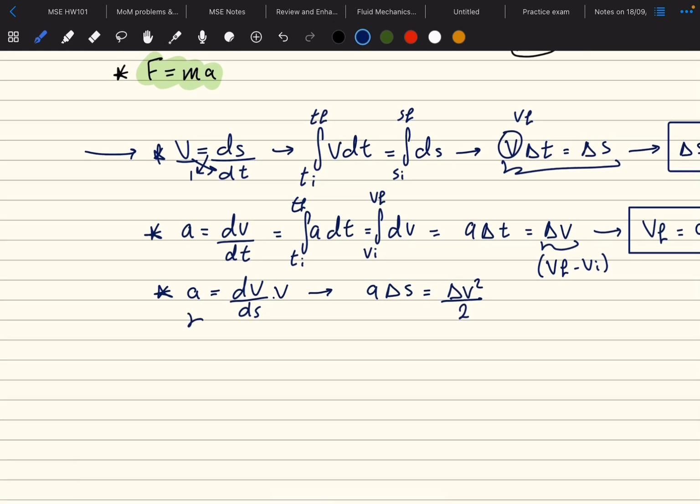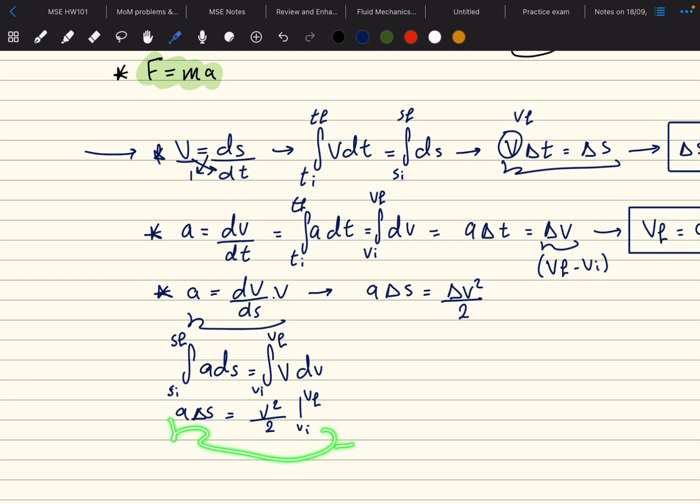Because integrating v dv gives v squared over 2. That's how we got this to this right here.